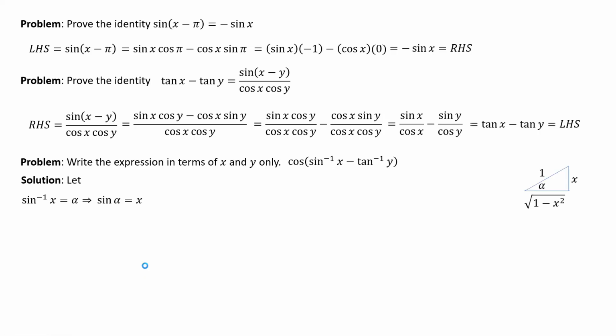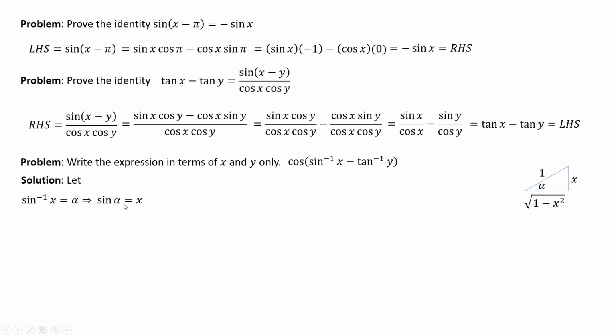Similarly, the moment we have that, we can draw the triangle. First quadrant is perfectly fine. Sine alpha equals x, knowing that, let's draw a right triangle, and label this angle as alpha. And x means x over 1. So the opposite is x, and the hypotenuse is 1. You better remember this whole process really well, because this is something that will be very useful in what's called trig substitution in calculus 2 while evaluating integrals.